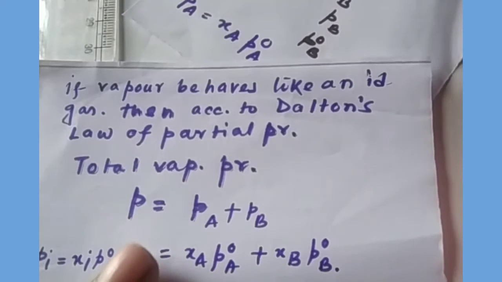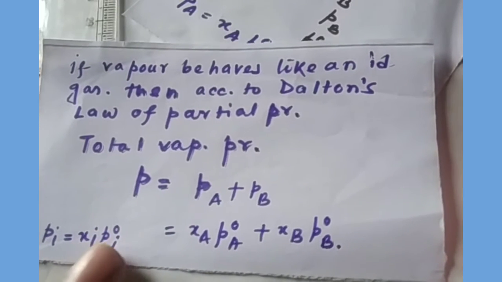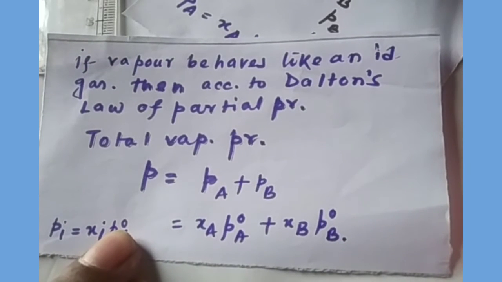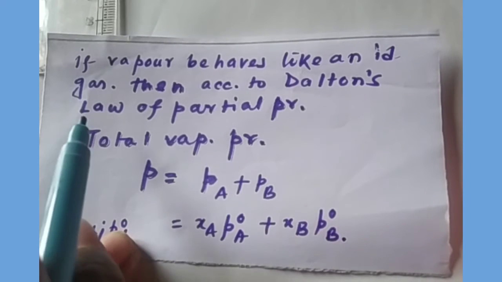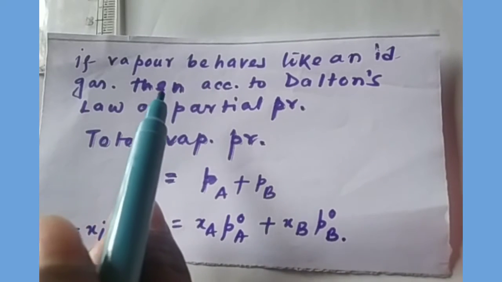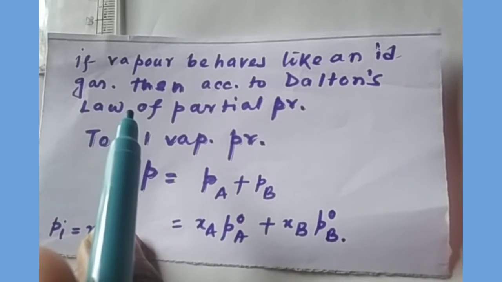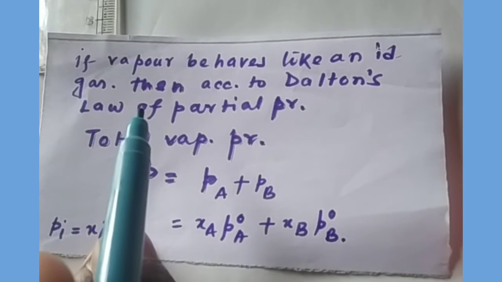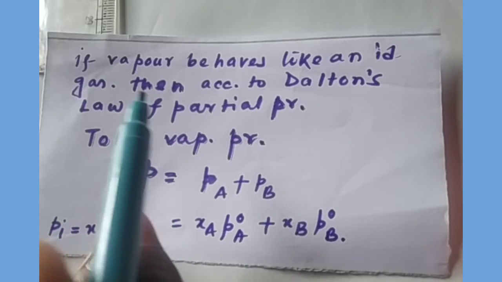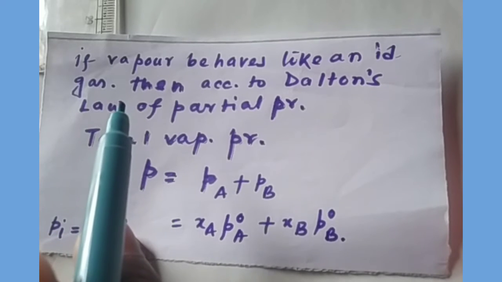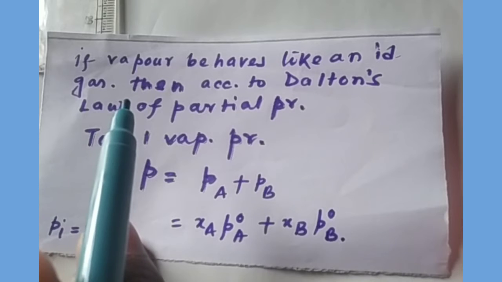Now, if the vapor behaves like an ideal gas, and you know that at normal temperature and pressure all gases are real gases, not ideal gases, special conditions of temperature are required to make a real gas an ideal gas.